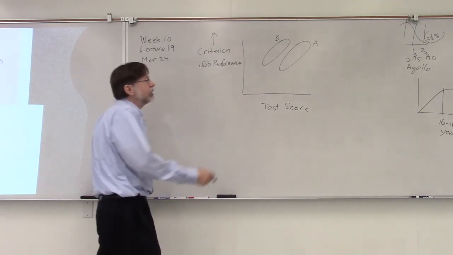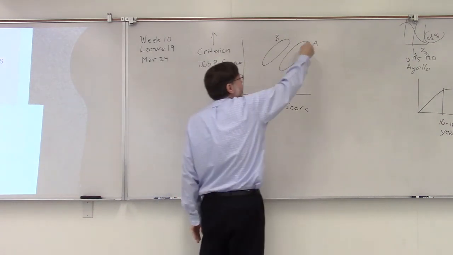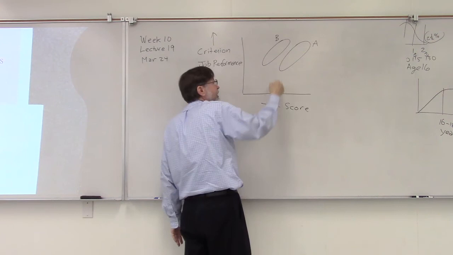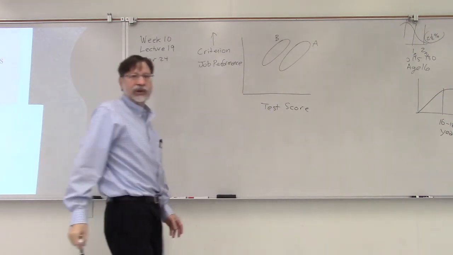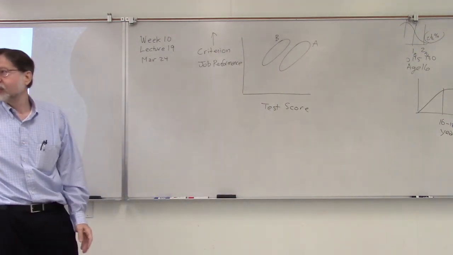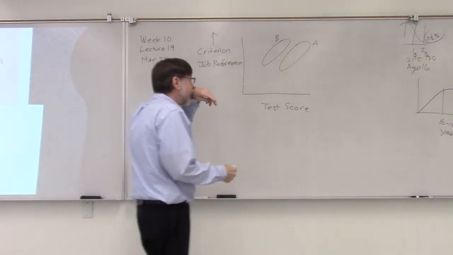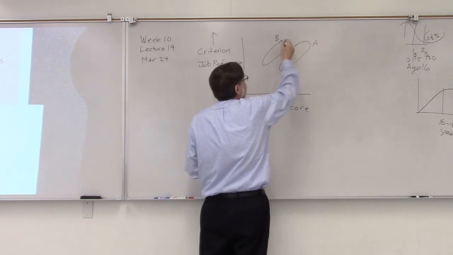Well, here for group A, we see there's a nice correlation between the test and the criterion. And for group B, you see a correlation between the test and criterion. But this shows us evidence of some kind of bias. Now, which group is it biased against? And here's the definition.